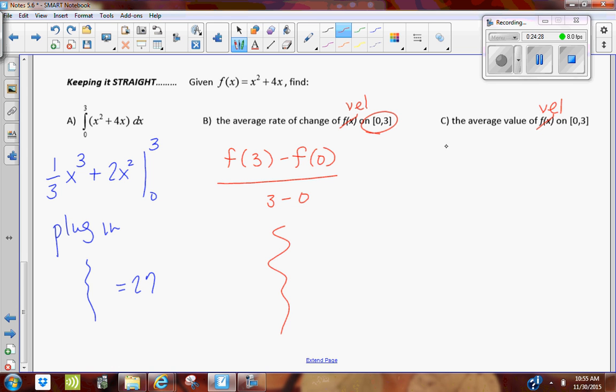So what should you do on this one? Take an integral, which is going to give you position, and then divide by time. So this would be 1/3 integral 0 to 3. Don't use velocity. Make sure you use what they gave you. That was just a substitute.